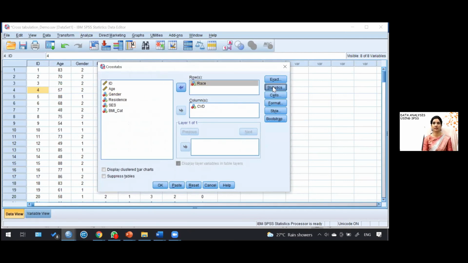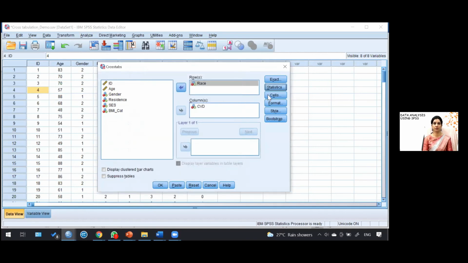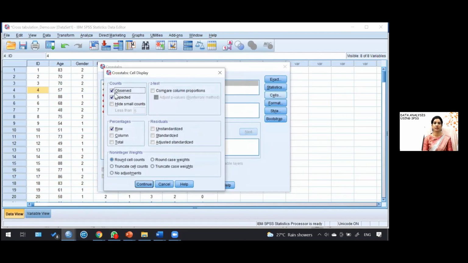Then again, Statistics, the chi-square and the Cramer's V. I'll click on Continue. In the Cells, I'll click this observed, expected, and row.